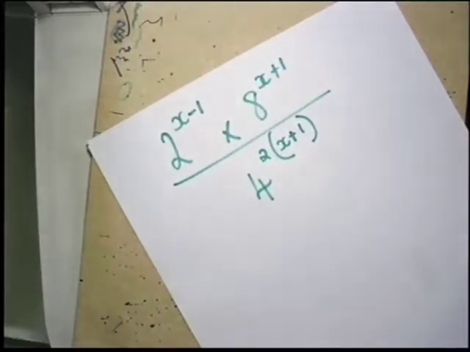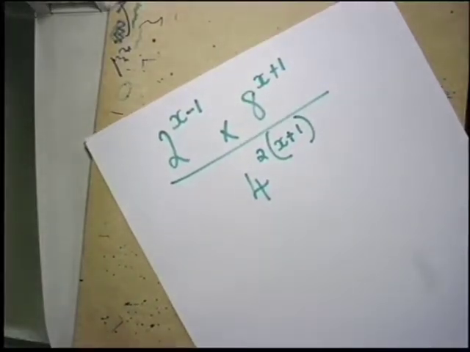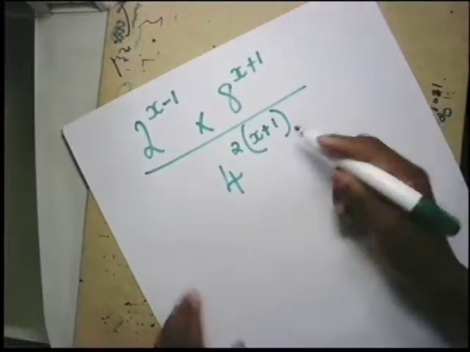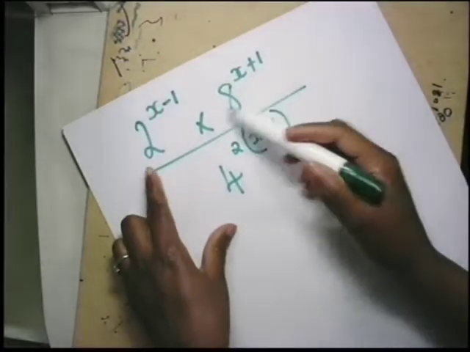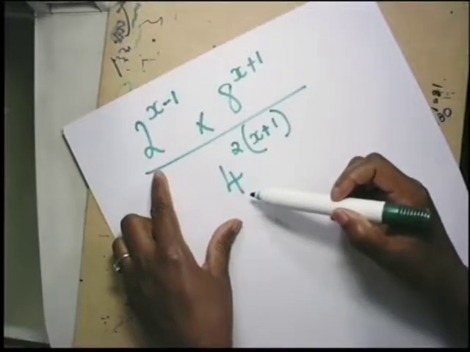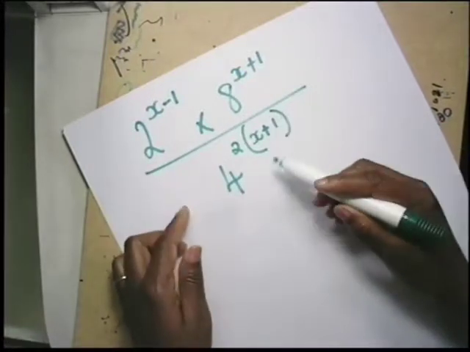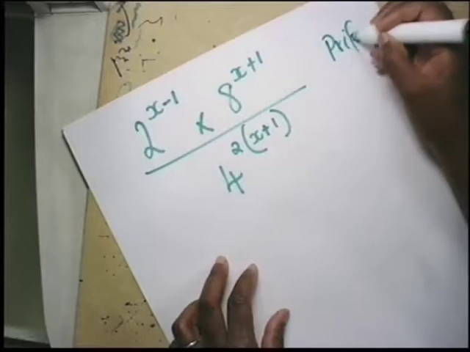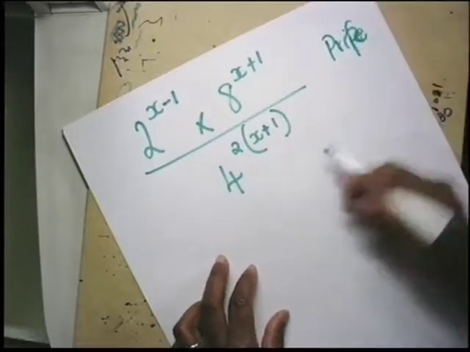How are you going to solve this one? You can see we have 2, 8, and 4 as different bases. Now, what must we do in case we have bases like this? We find the prime factors, if we can write the numbers as prime factors.